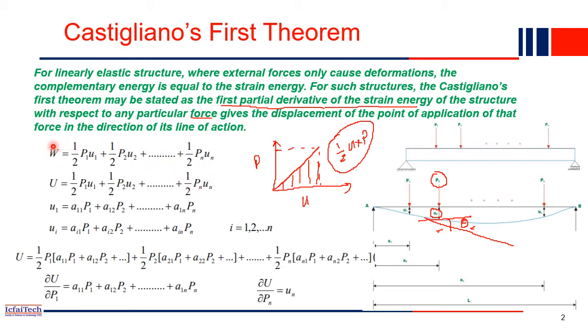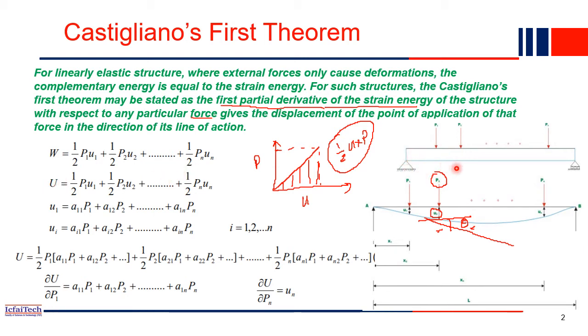As per the conservation of energy, this entire energy will be stored as internal energy also. Whatever external energy is applied, that work done W is nothing but stored as internal energy, capital U, or what we call strain energy, in the structure.